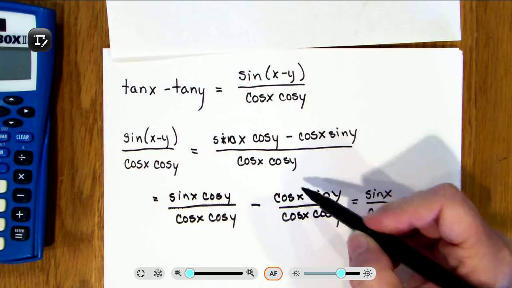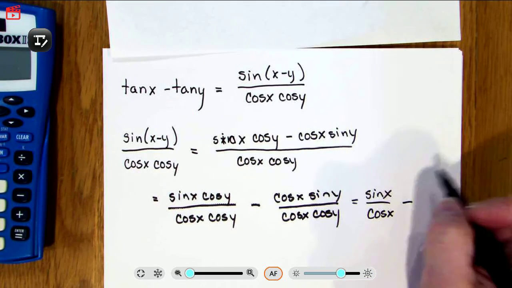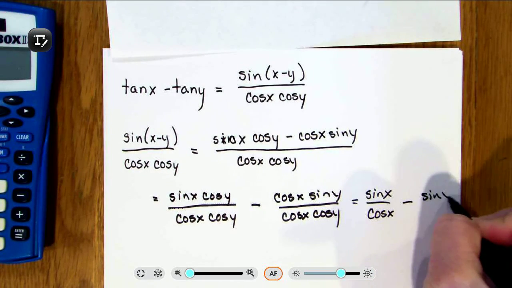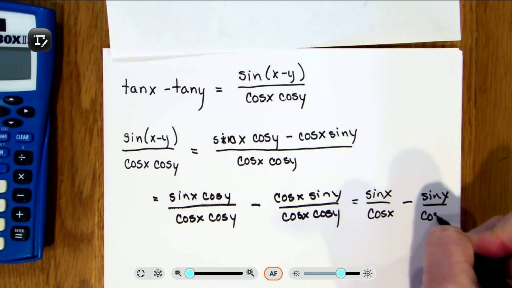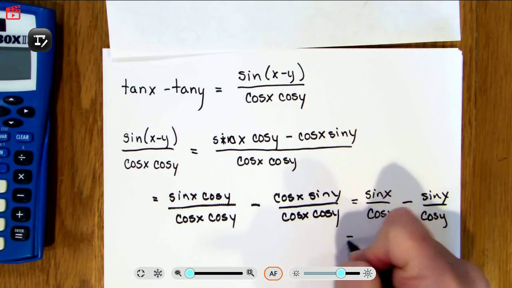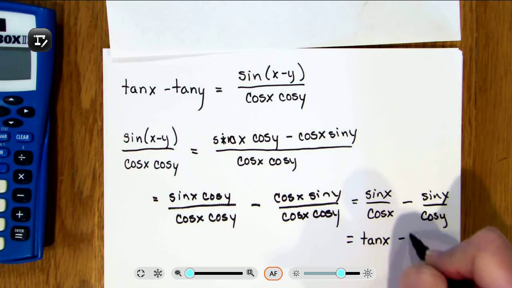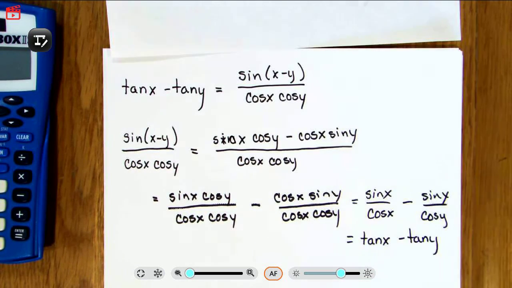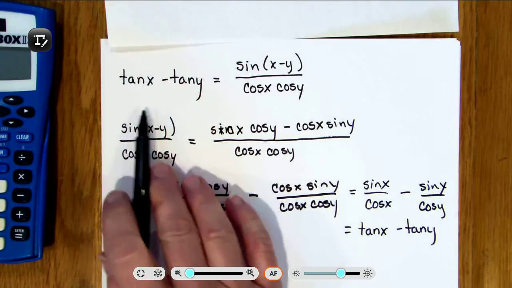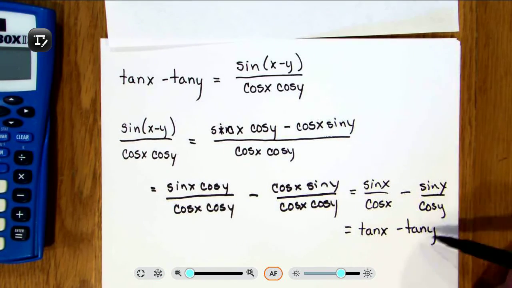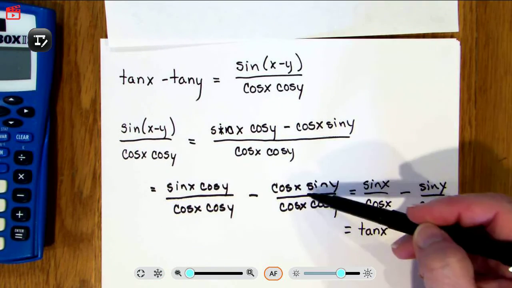And then I see on this one the cosine of x's cancel, and I'm left with sine of y over cosine of y, which happens to be the tangent of x minus the tangent of y. If we had started on this side, we would have done these steps in reverse.